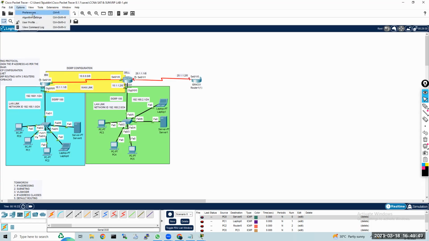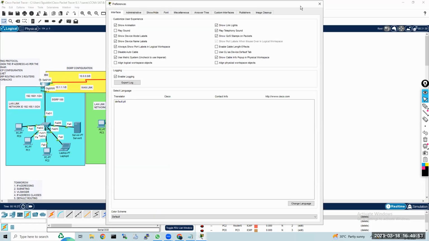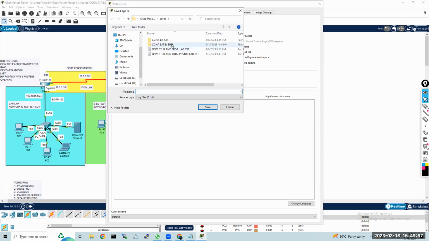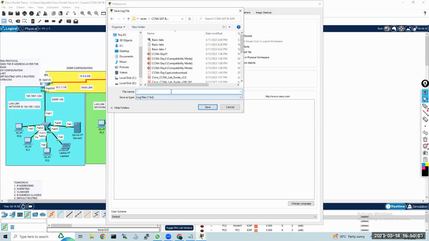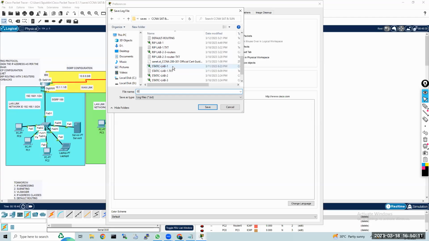So let me open this command. What are the commands? Export this, this is EIGRP.